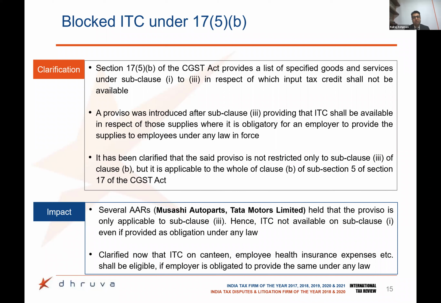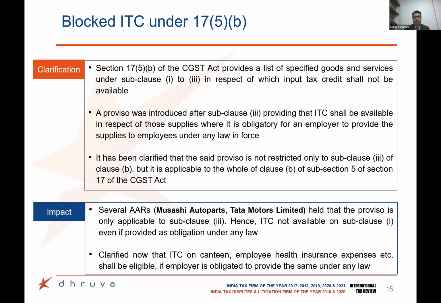And there was a proviso which said that if any supply is provided by an employer to an employee due to any obligation under any law in force, then the restrictions will not be applicable. There were debates that if, let's say, food and beverage or medical treatment is provided by an employer because of an obligation under the law, whether that proviso will support it or not.